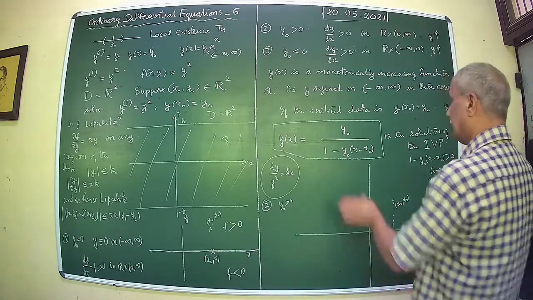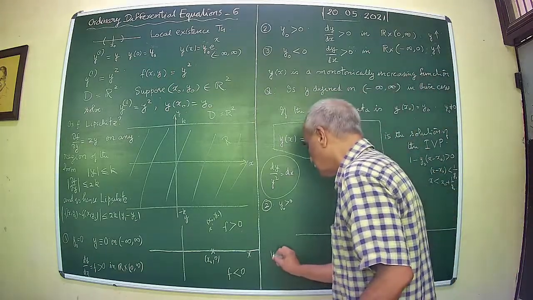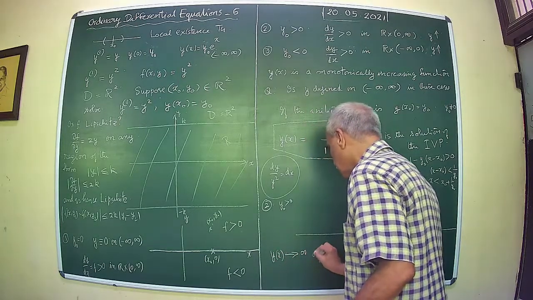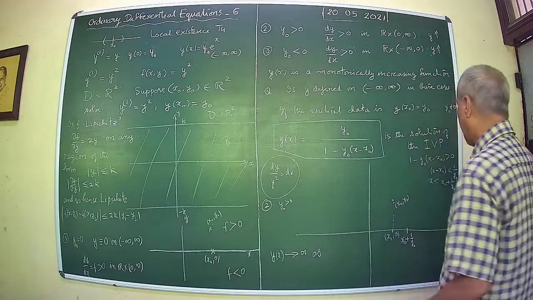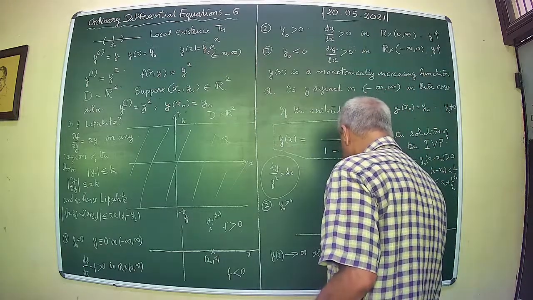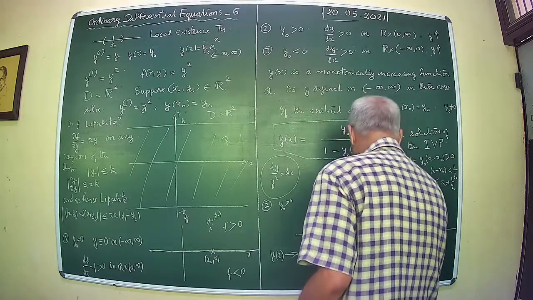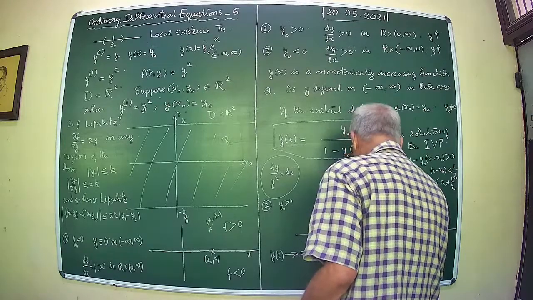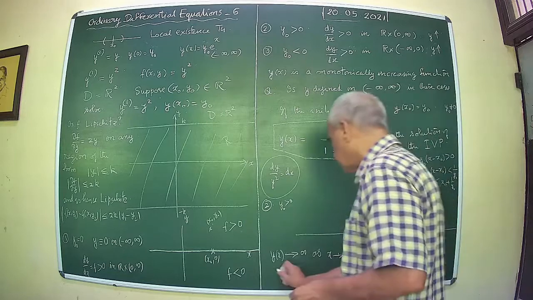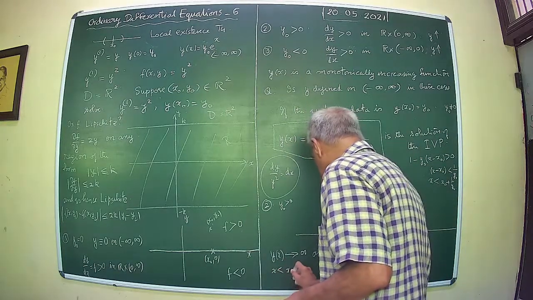So you see that the function y tends to infinity as x tends to x naught plus 1 by y naught, and x is of course less than that.